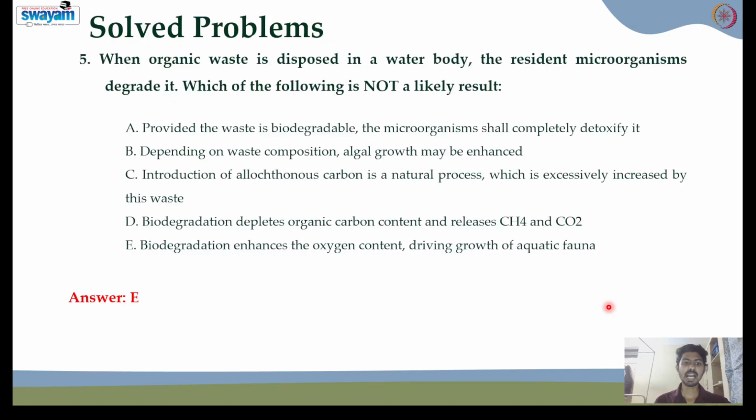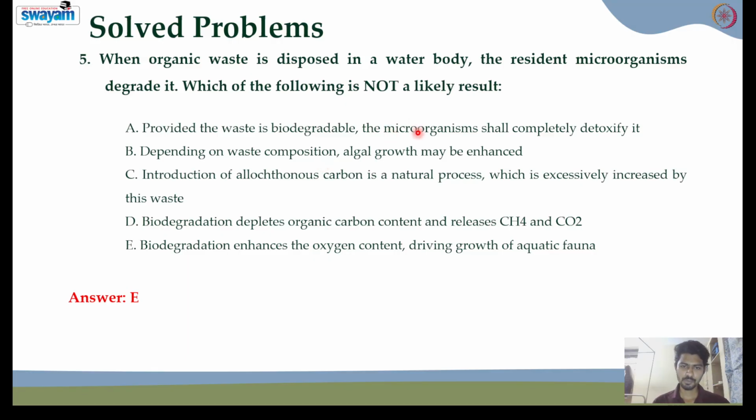And if you see the other statements, why they are correct, we can observe that in option A, they have said the waste is biodegradable, so microorganisms like heterotrophs or facultative anaerobes can break down this waste and detoxify or sometimes mineralize it completely.